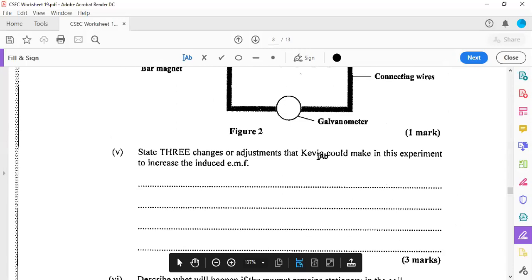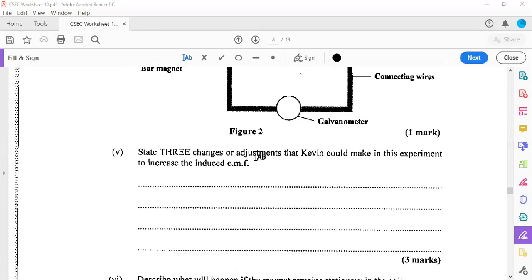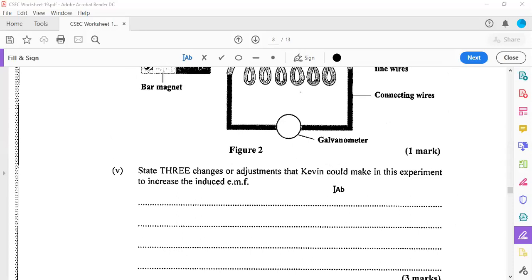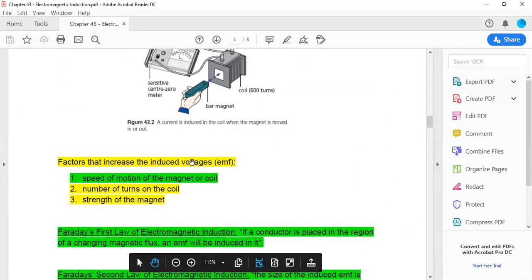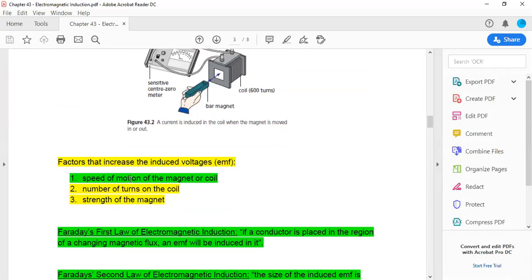Nice. So they said now, lower down, state three changes or adjustments that Kevin could make in this experiment to increase the EMF. If you go back to our notes here, to increase the induced EMF or induced voltage, we could do three things. Increase the speed of the motion of the magnet or coil.